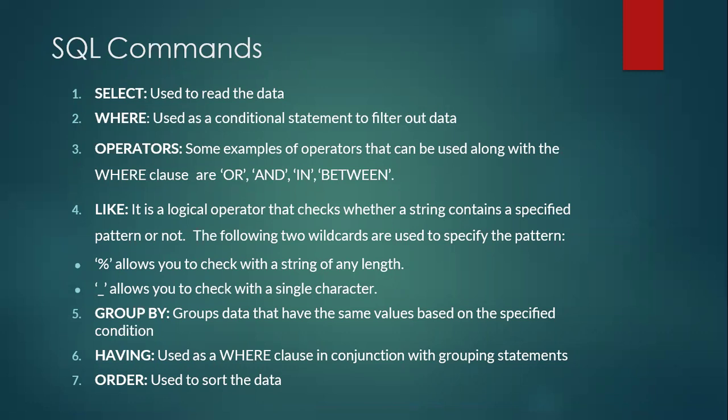Then like, which is used to search a specific pattern, and there are two wildcards, percentage and underscore. Then group by, which is used for grouping values based on a condition, and having, which can be used with grouping statements. Then order by is used to sort the data.